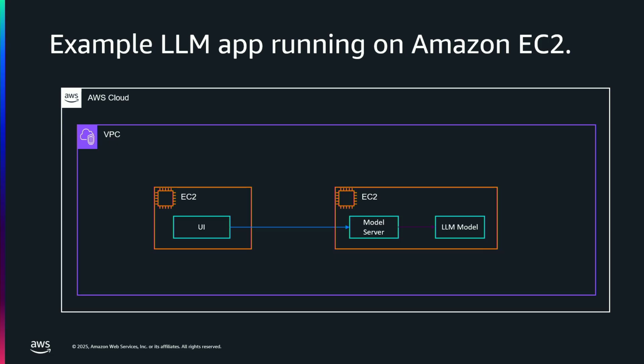So far, so good. This is a classic and simple example of what we call multi-party collaboration. This is not multi-party computation. You have two parties here, the party that owns the LLM model and the party that consumes the LLM model.